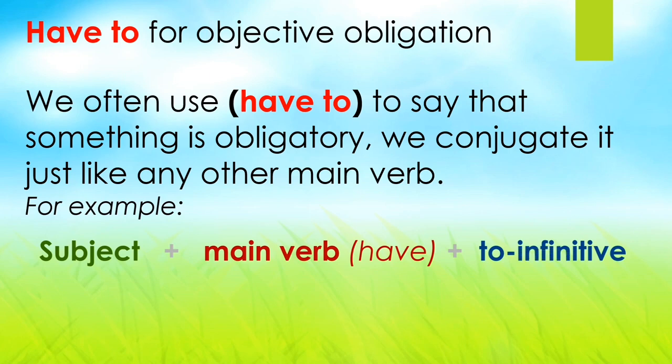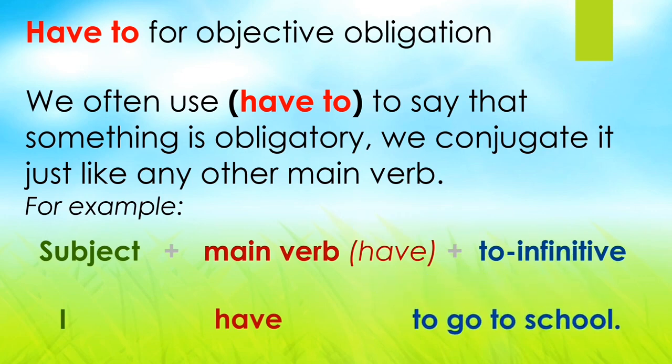Let's try the subject pronoun I, and then we add the main verb have plus the infinitive to. We will use here to go to school. So now let's read our sentence. I have to go to school. Again, I have to go to school.